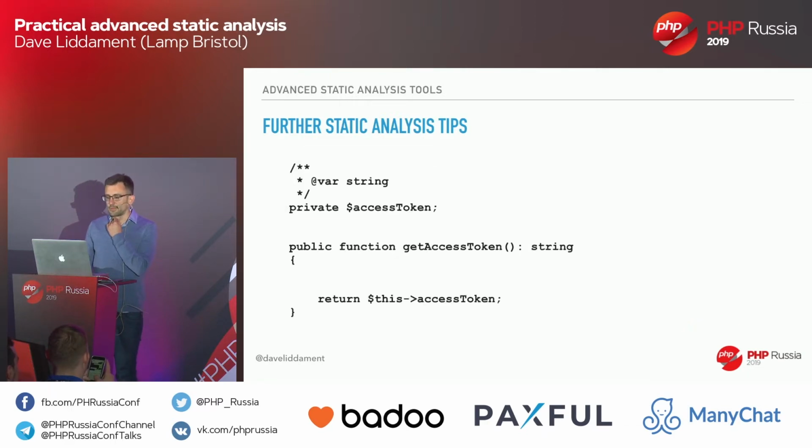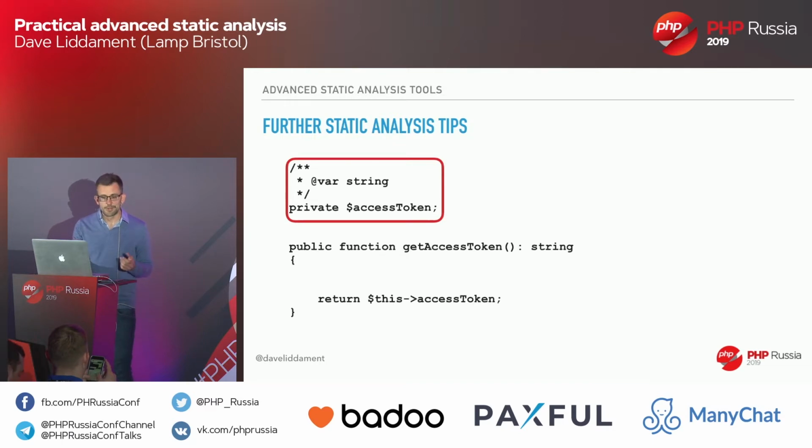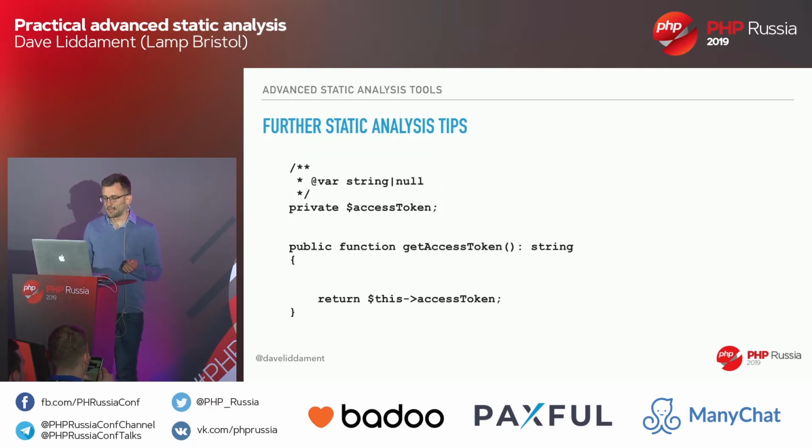And imagine we have our access token as private member data, and we say it's of type string. The first thing that will happen is Psalm will complain about that, because unless we set accessToken either in the constructor or where we define it, it could also be a null value.